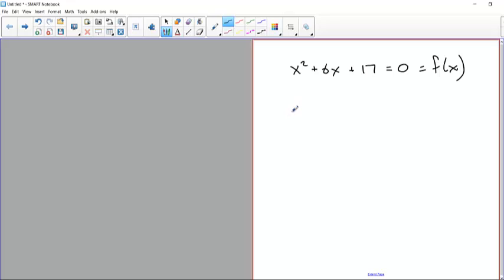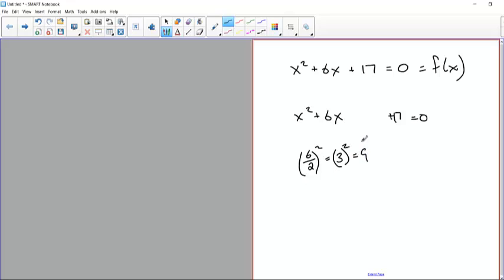Well, we just do it the normal way of completing the square. So we would say x squared plus 6x. We'd move this 17 over here. You take the 6, the coefficient in front of x, you divide by 2. 6 divided by 2 is 3.